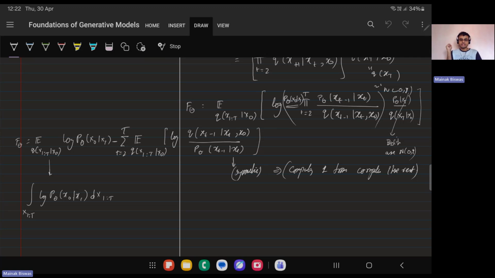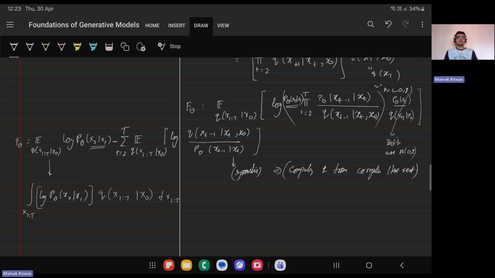So all you can see is that this distribution only depends on x0 and x1. So right, only depends on x0 and x1. I forgot to write down the q of x1 to t given x0, d of x1 to t.